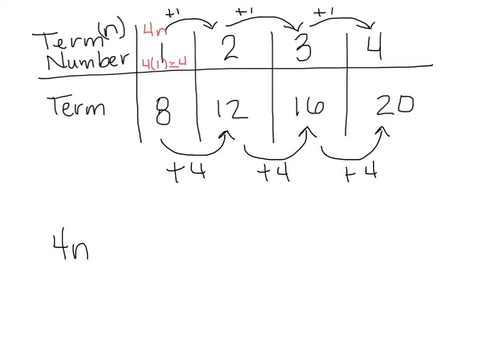Alright, take a look again. 4n here, 4 times 2, that equals 8. 4n, 4 times 3 equals 12. 4n, 4 times 4, that equals 16.